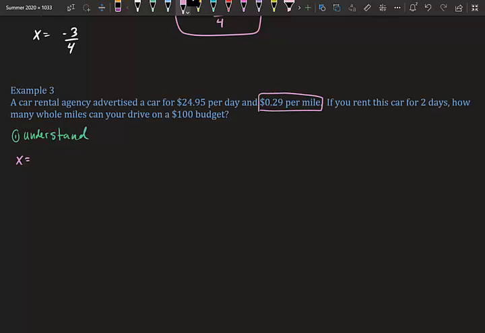It doesn't matter, that's just what I made it. You could flip them. And then our other quantity is y. So y is the per day you have the rental.